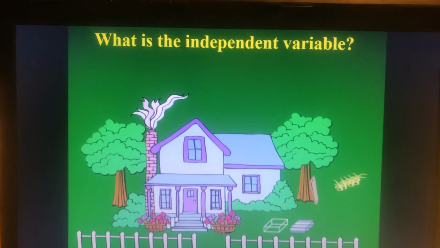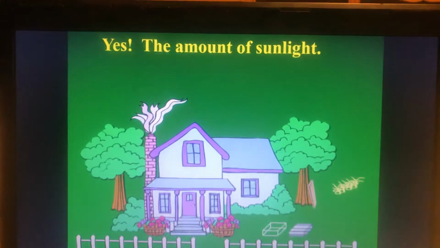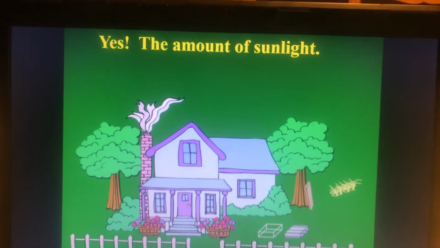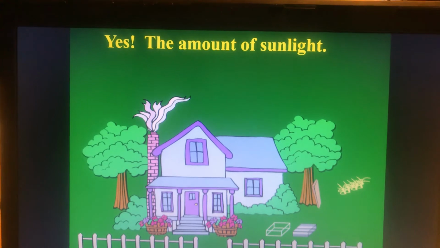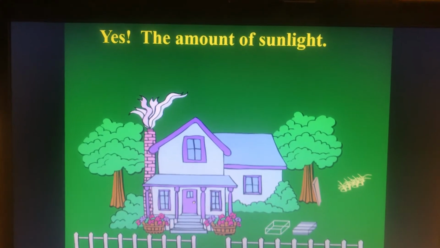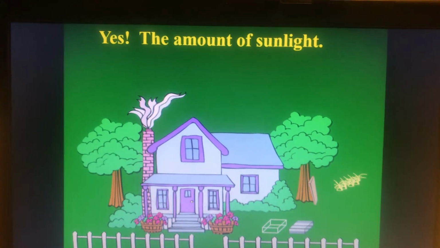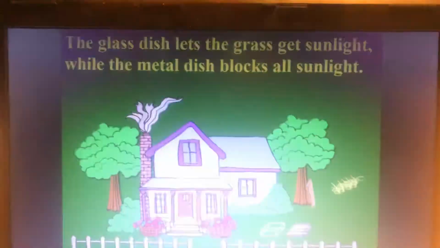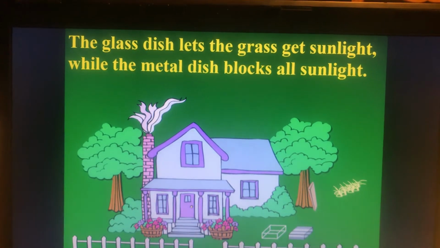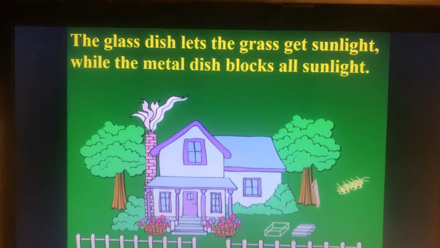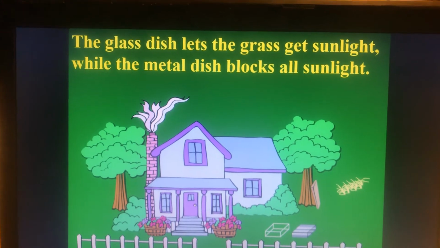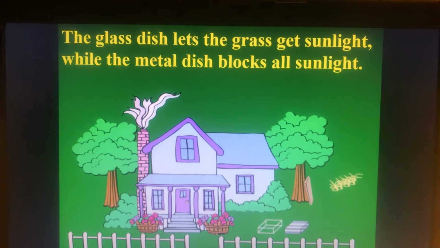What is the independent variable? Yes, the amount of sunlight. The metal dish is not going to let sunlight in, is it? Nope. The glass dish lets the grass get sunlight while the metal dish blocks all sunlight. That's pretty cool, huh? Nice experiment there, Mr. Walker.